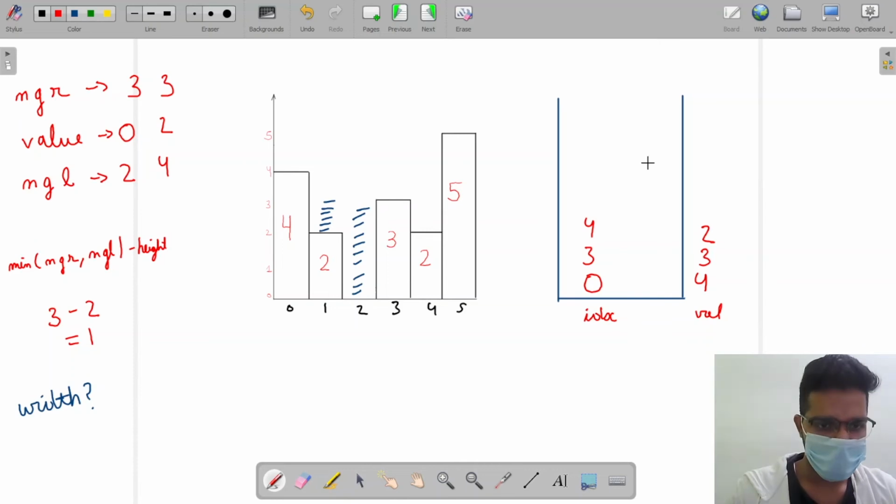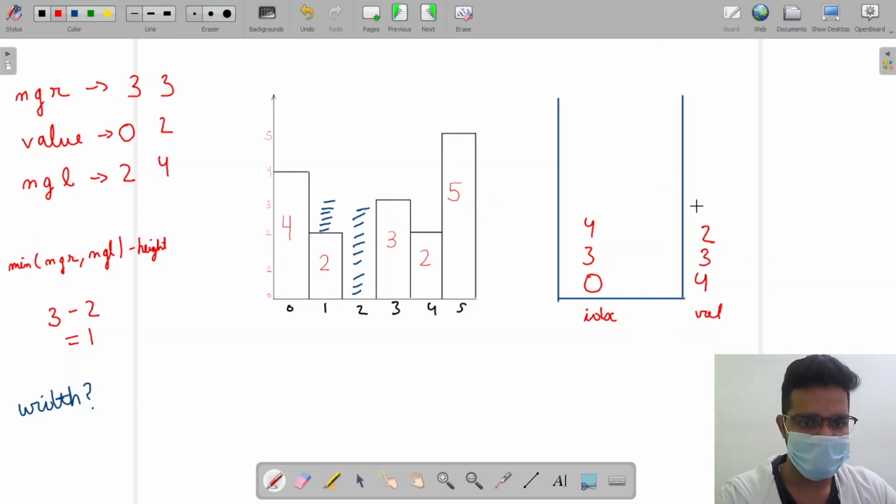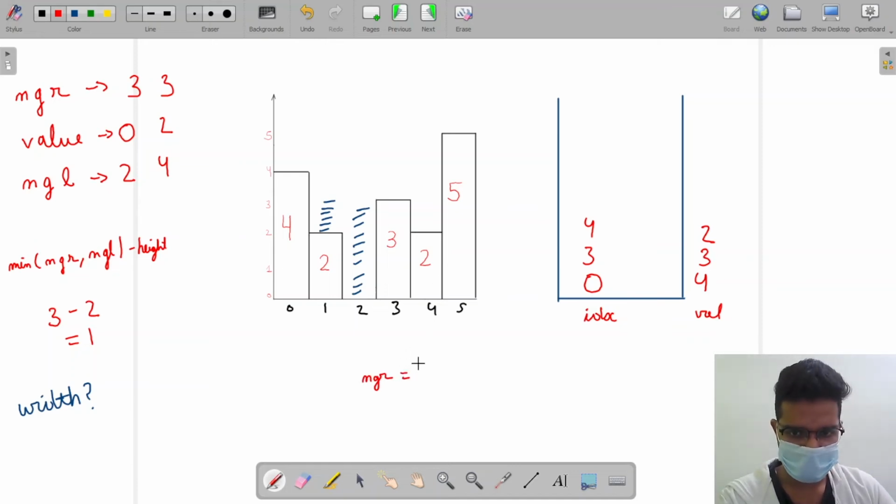Here our value is 5, and we see 5 is greater than the top element of our stack. So let me write it here. My next greater right is equal to 5.